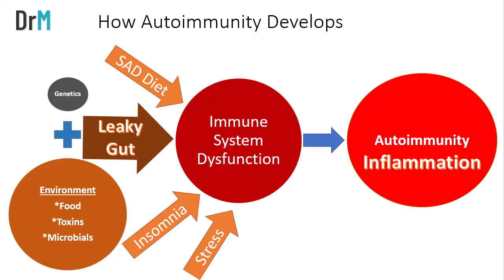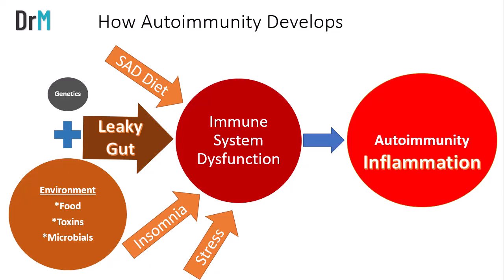We identified 3 major triggers, which are food reactions or food sensitivities, toxins, and microbials or stealth infections, either bacterial or viral infections. These factors can be accelerated by leaky gut, and they're predisposed by genetics.